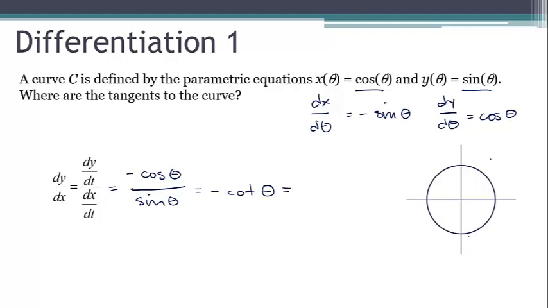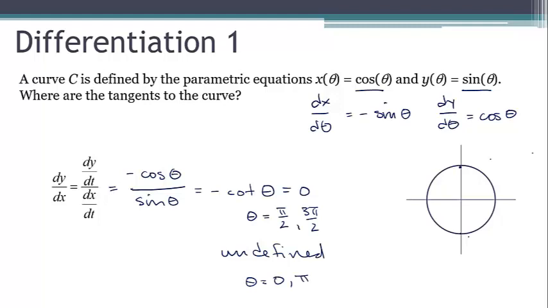The cotangent is equal to 0 when theta equals pi over 2, which is down here. And it's undefined when theta equals 0 or pi.